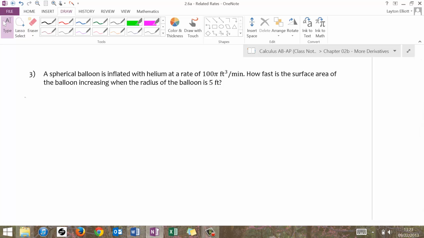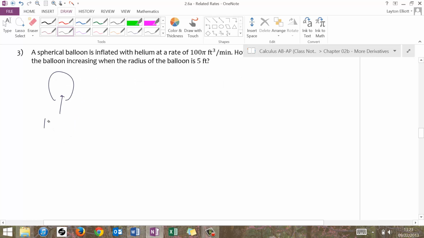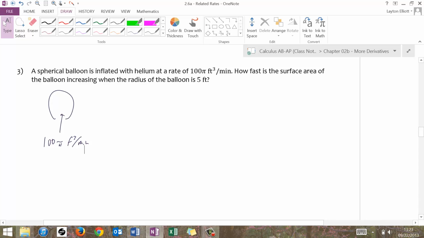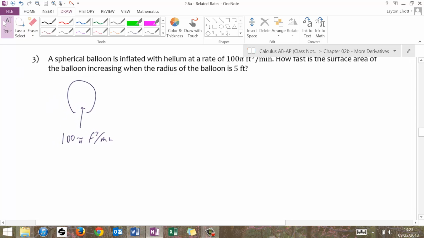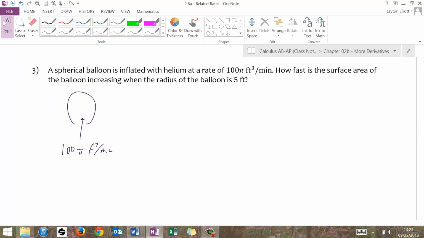Number 3: a spherical balloon is inflating with helium at a rate of 100 pi feet cubed per minute. How fast is the surface area of the balloon increasing when the radius of the balloon is 5 feet? Well, I have a volume, so I know that volume is 4/3 pi r cubed, and the surface area formula, which you can memorize as the derivative of volume, is 4 pi r squared.